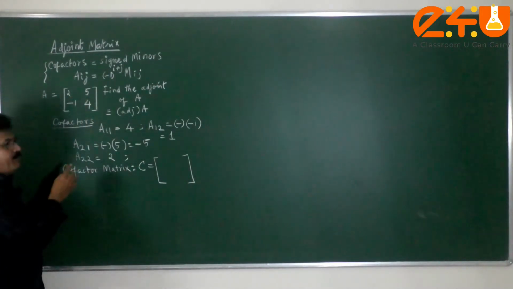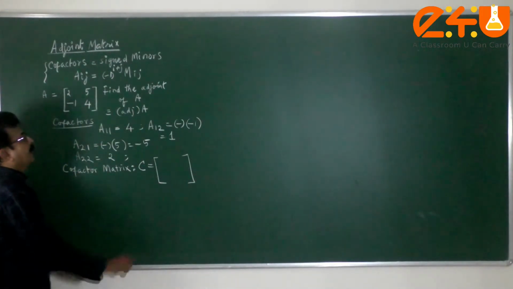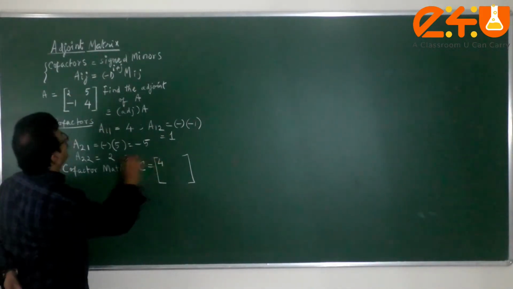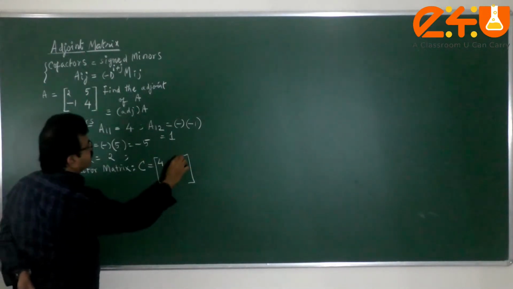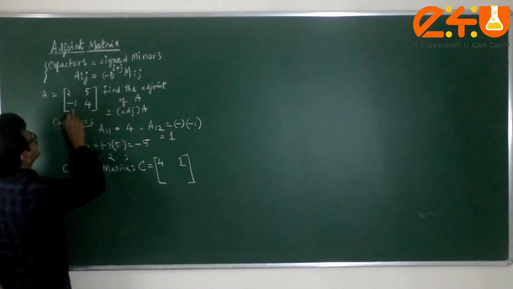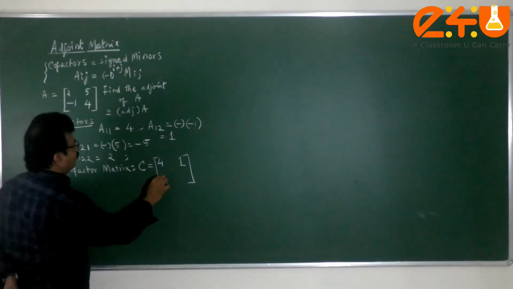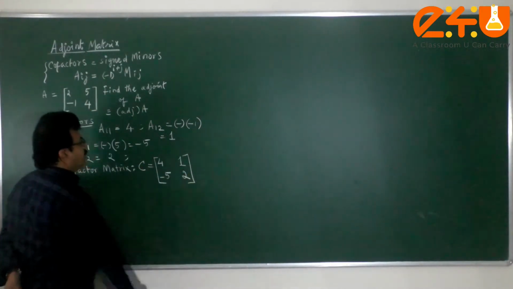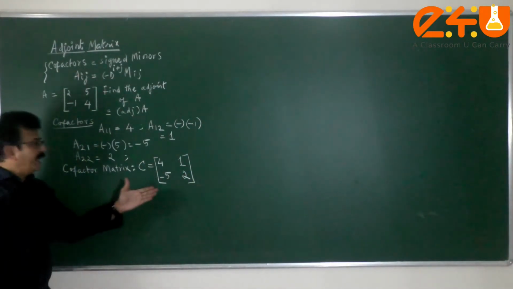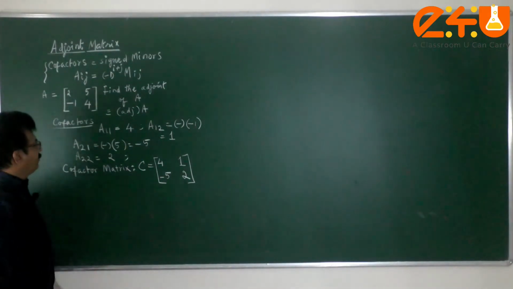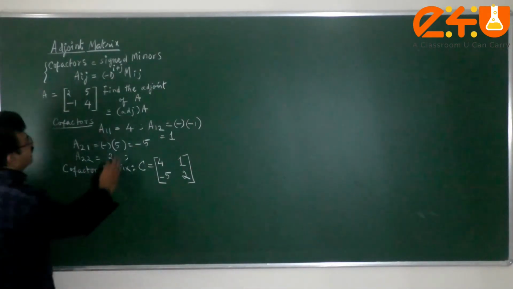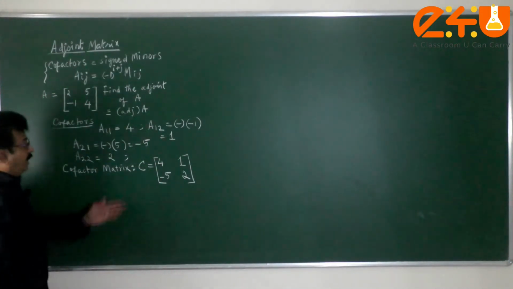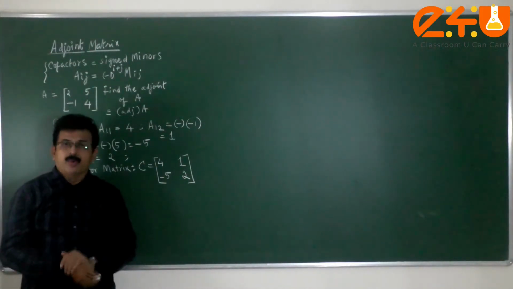Every element is replaced with the corresponding cofactor, which means 2 is replaced with A11, that is 4, 5 is replaced with positive 1, minus 1 replaced with negative 5, and 4 is replaced with 2. So in essence, every element was replaced with the corresponding cofactor. Well, we are ready to now talk about adjoint.